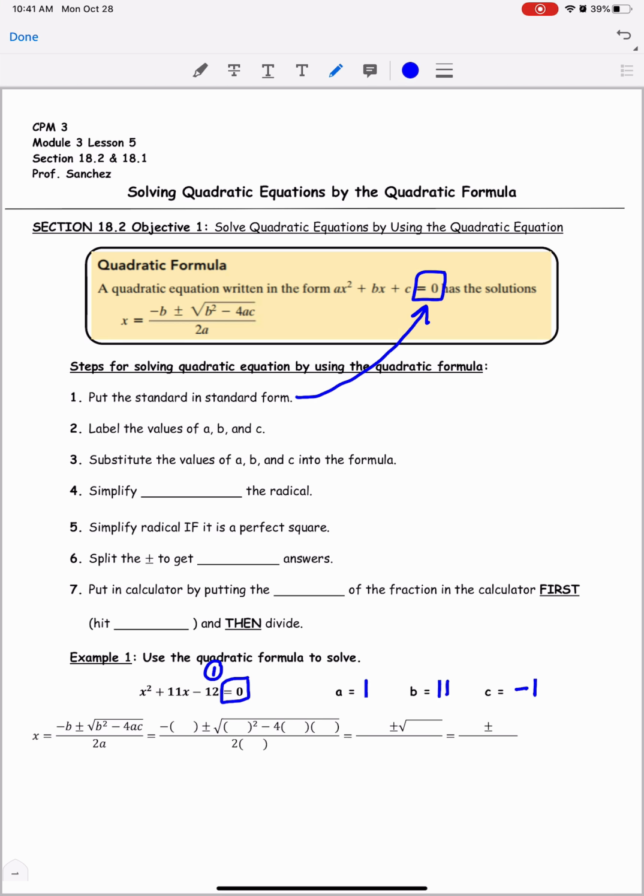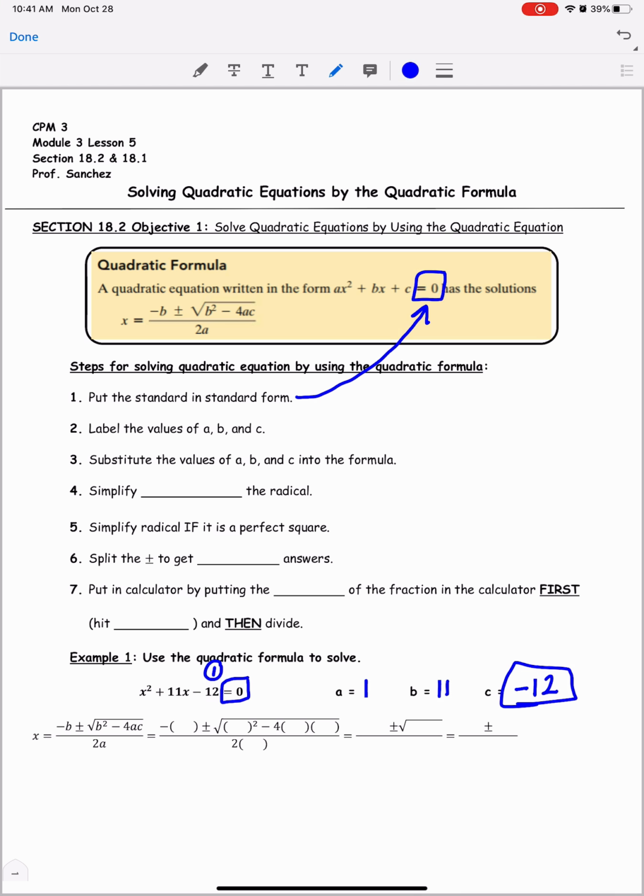So I want you to notice two different things with this. First, I have no variables in my a, b, or c. This isn't 1x squared. It's not 11x. It's just the coefficient. I want just the number in front. Second thing I want you to notice, if there is a negative, you need to carry that negative over with it.